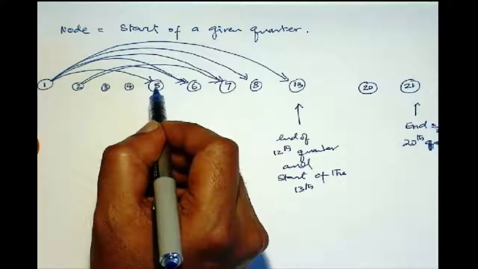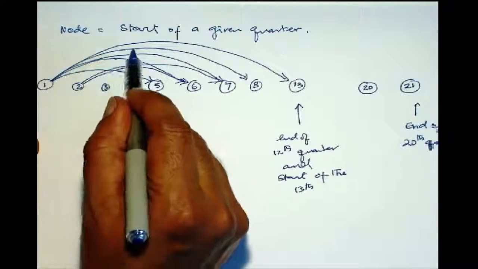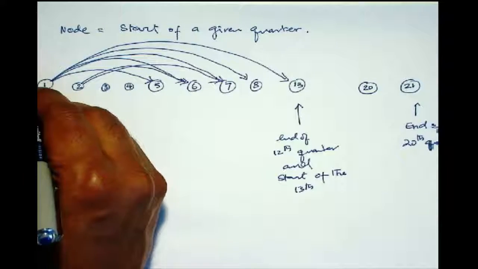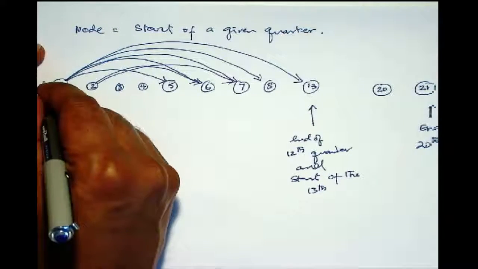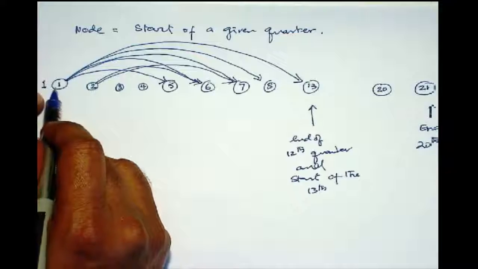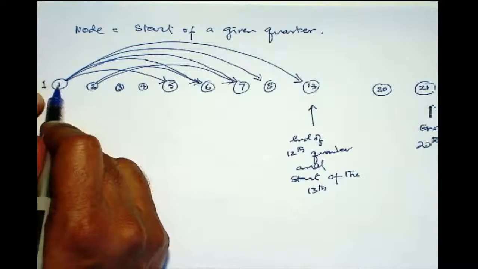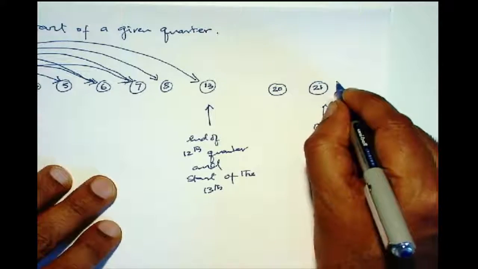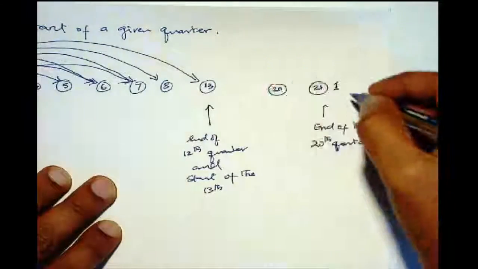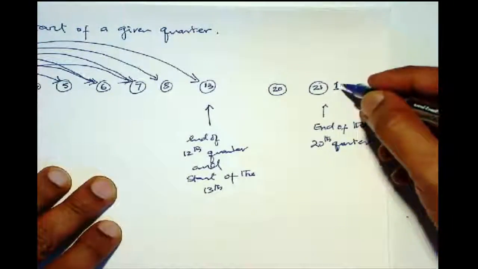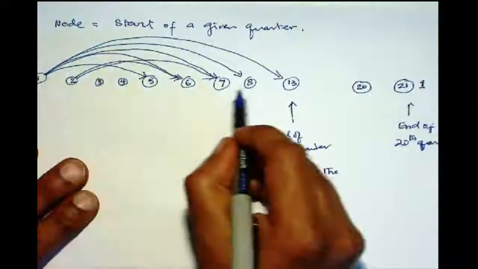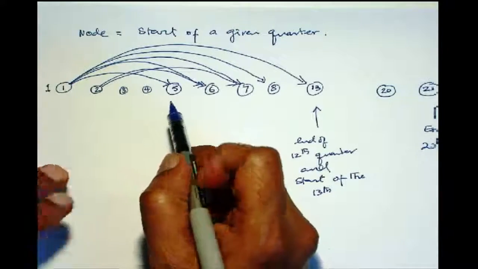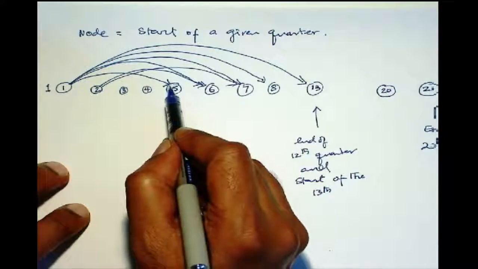Now what we have to do is to start with a supply of 1 at the first node, and then the last node is the final destination, that should get a net inflow of 1, and every other node in between should have a net flow of 0. That is, if you come in, then you have to get out. If you don't come in, of course, don't get out.